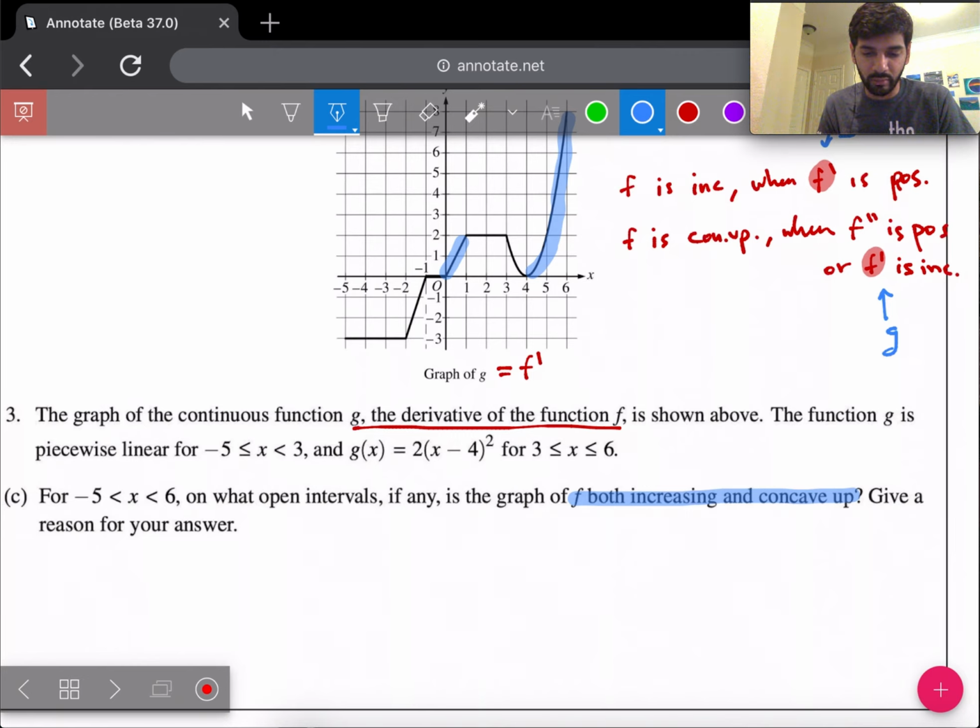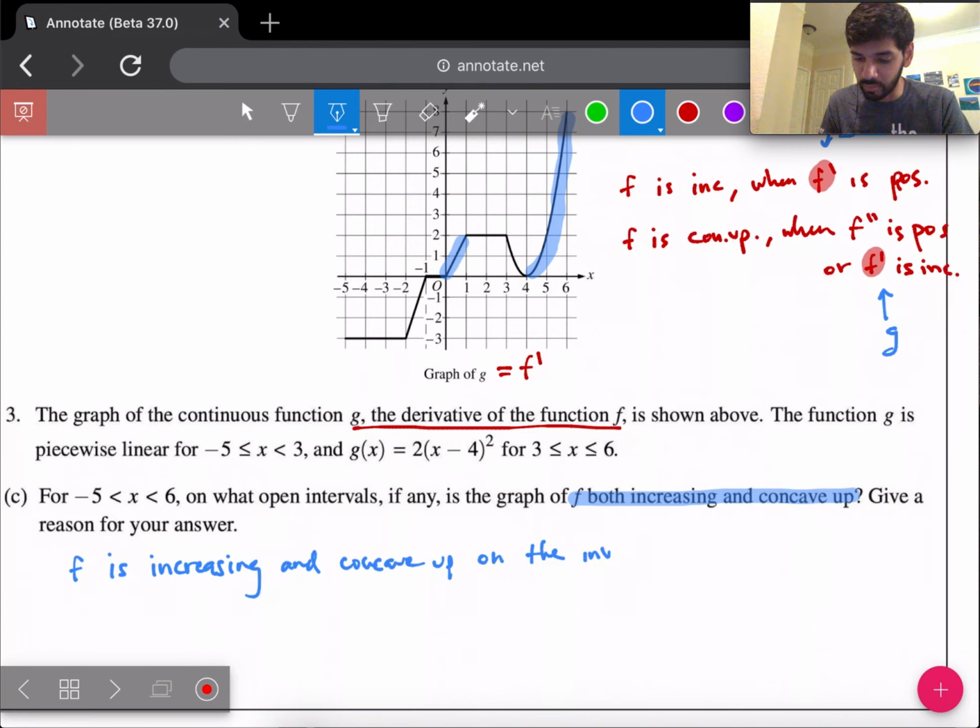Okay, so here we need to focus on the interval from -5 to 6. So -5 to 6. Okay, so our first interval is from 0 to 1. The next one is from 4 to 6. So I'm going to start by saying what's going on. F is increasing and concave up on the intervals.